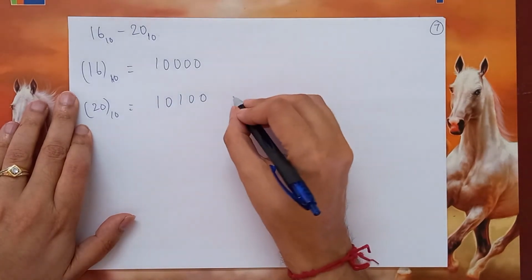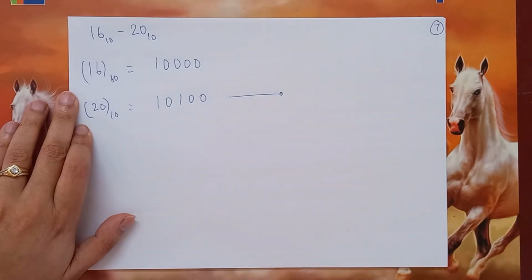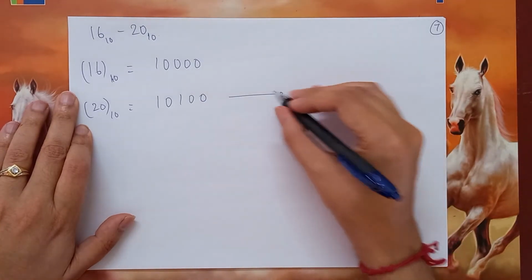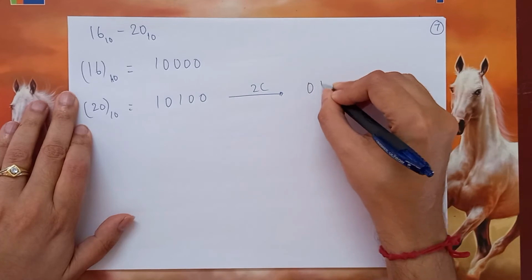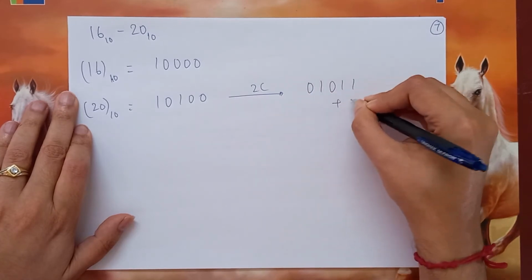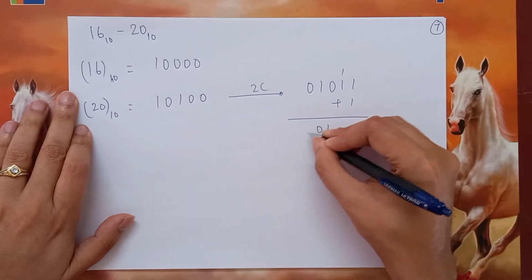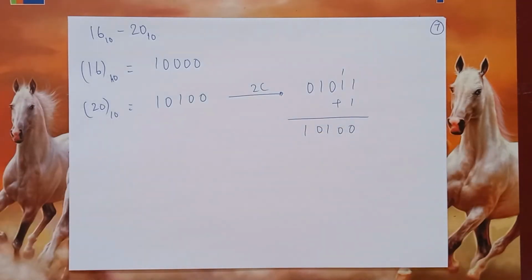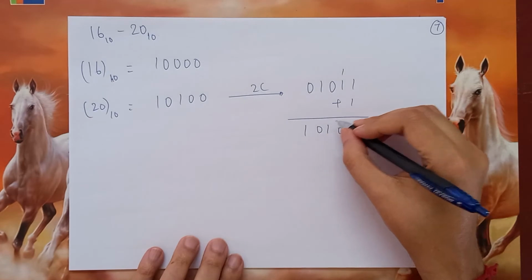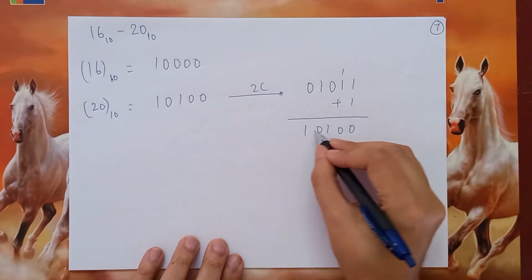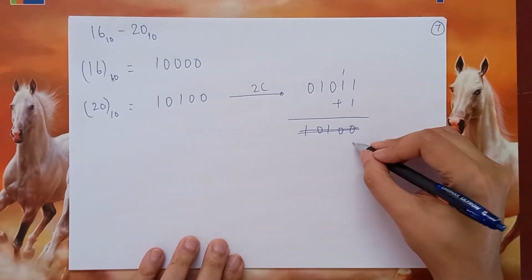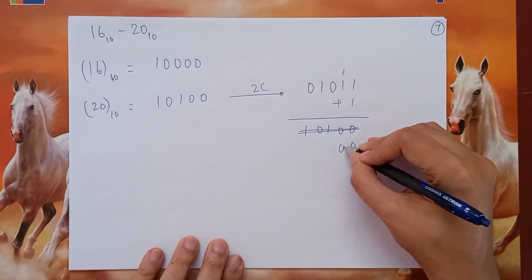So to convert it into 2's complement, we need to first take the 1's complement. Oops, I'm sorry, I made a mistake. 1 plus 1 is 0 with a carry of 1. 1 plus 1 is again 0 with a carry of 1.